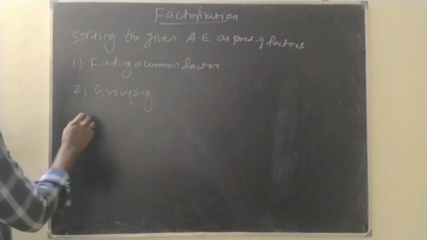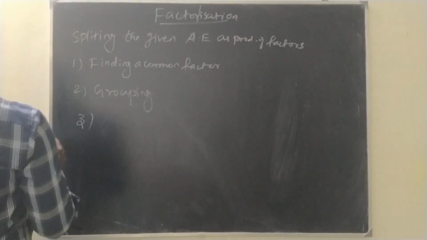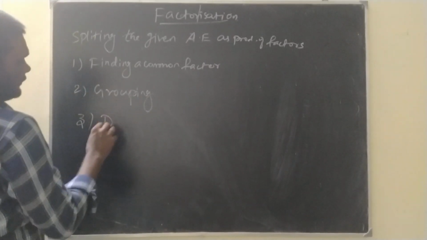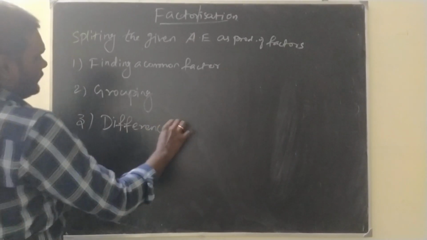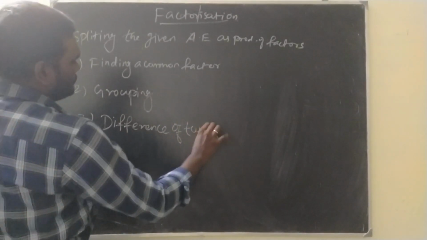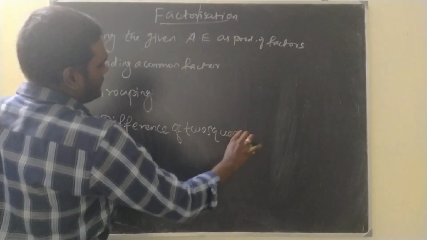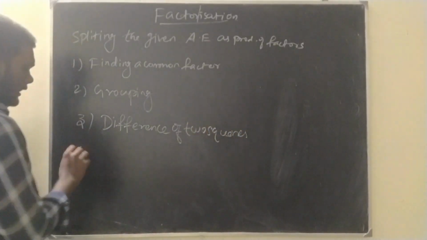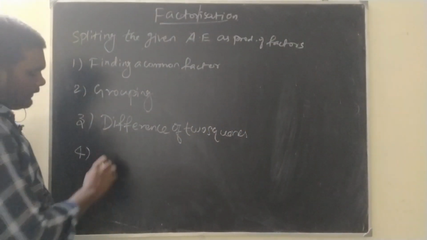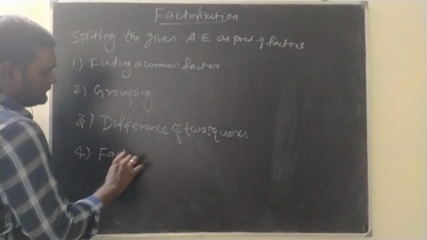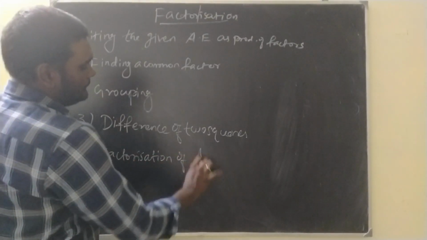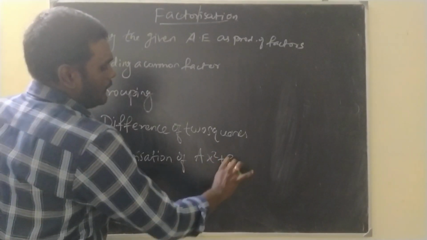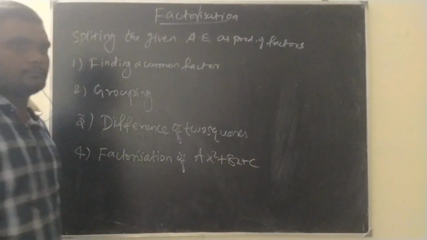And third one is changing it as difference of 2 squares. And the fourth one, factorization of the form ax square plus bx plus c.